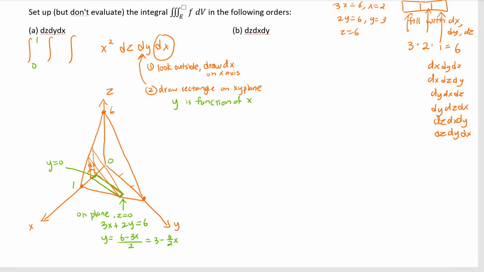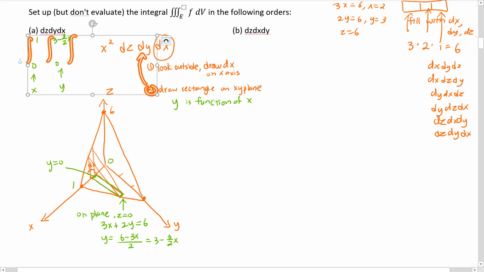So y goes from 0 until this line, which is 3 minus 3/2 x. So far so good, everybody?